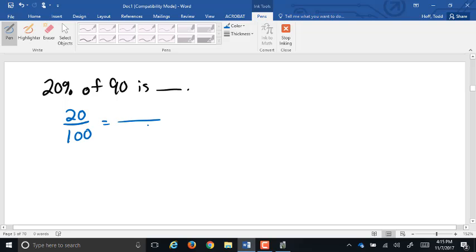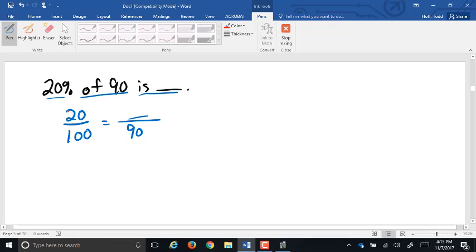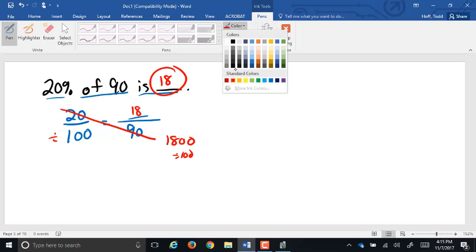On the other side, does the 90 go on top or bottom? Bottom. Again, it's of 90. Think of out of 90 is on bottom. 20% is blank. That blank number goes with the 20. So we'll cross multiply and divide. 20 times 90 is 1,800. Divided by the 100 is 18. So 20% of 90 is 18.